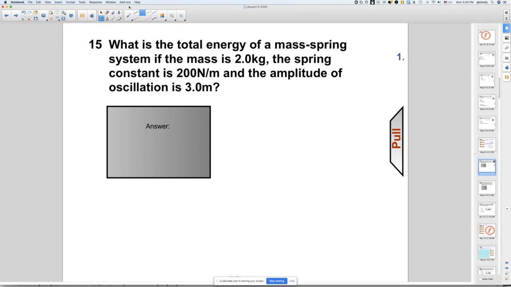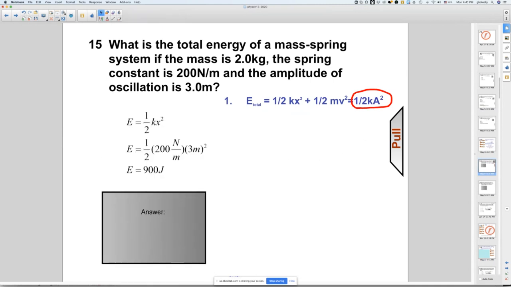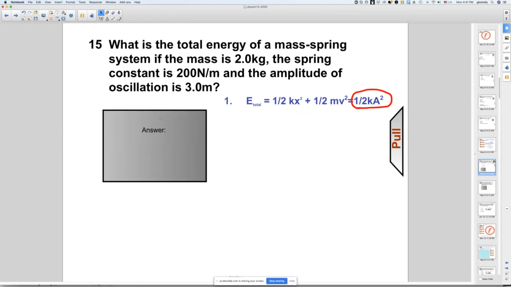The total energy is 1/2 k A squared, the total energy at any time. The calculation is done over here: x is the amplitude this time, so it's 3, and 1/2 k A squared is 900 joules.